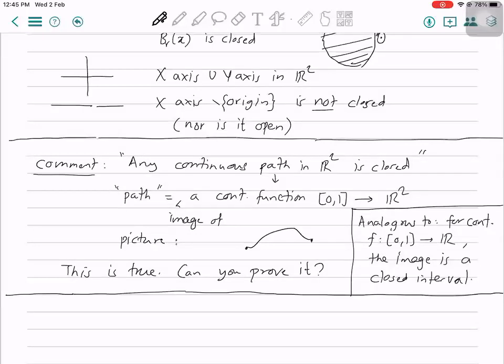One point I do want to make here. Okay, let me ask a question.